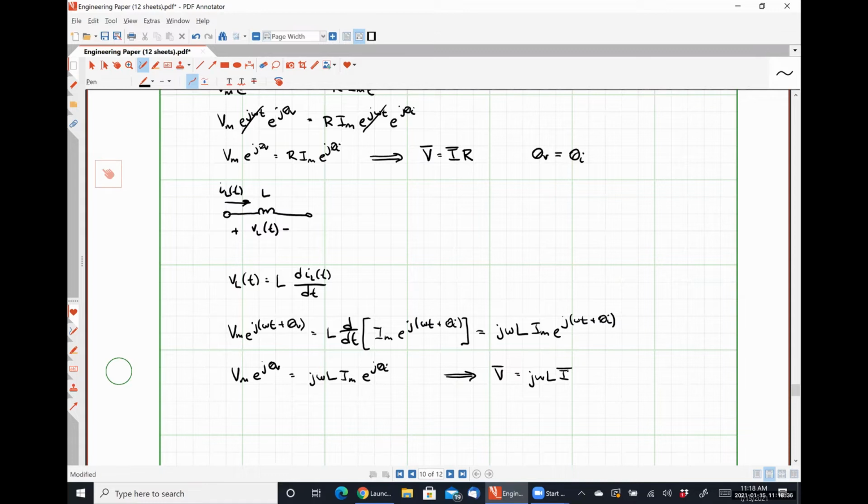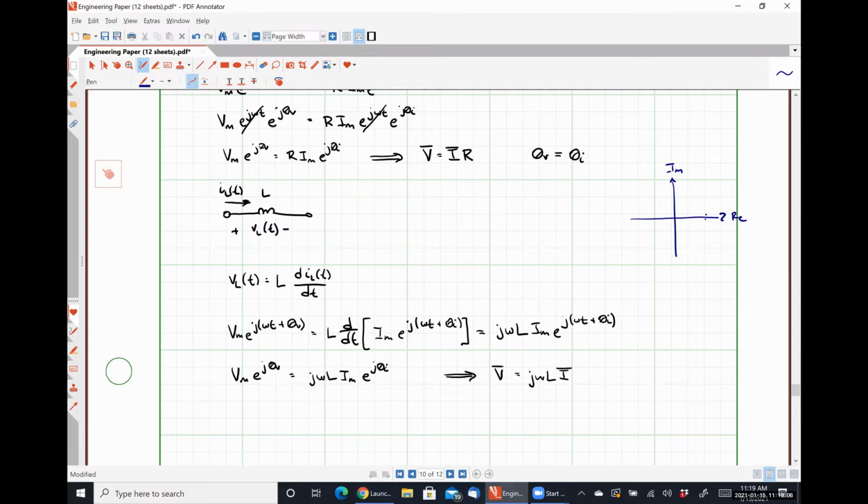Another thing that we could do is represent the imaginary number j as a polar form complex number. As a quick aside, let's say that we have a complex plane here, where this is our real axis, and this is our imaginary axis.